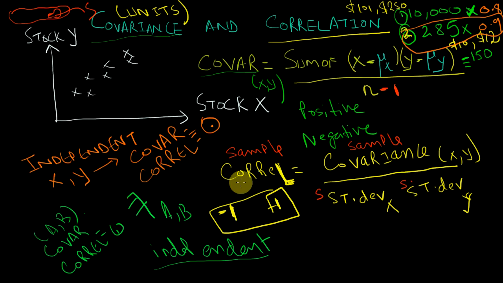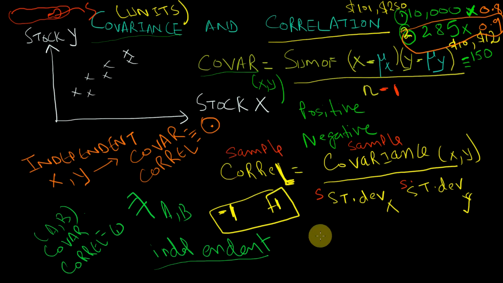And remember, the correlation will not change between the population and the sample. That's because n minus 1 gets cancelled when we use the standard deviations. Because remember, the formulas for standard deviations for the population and for the sample are different. And because of that, the sample correlation and the population correlation will not change.